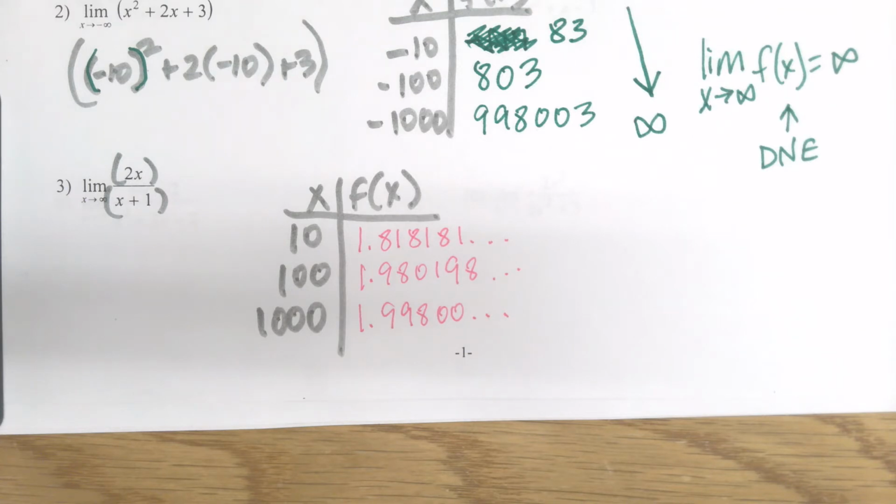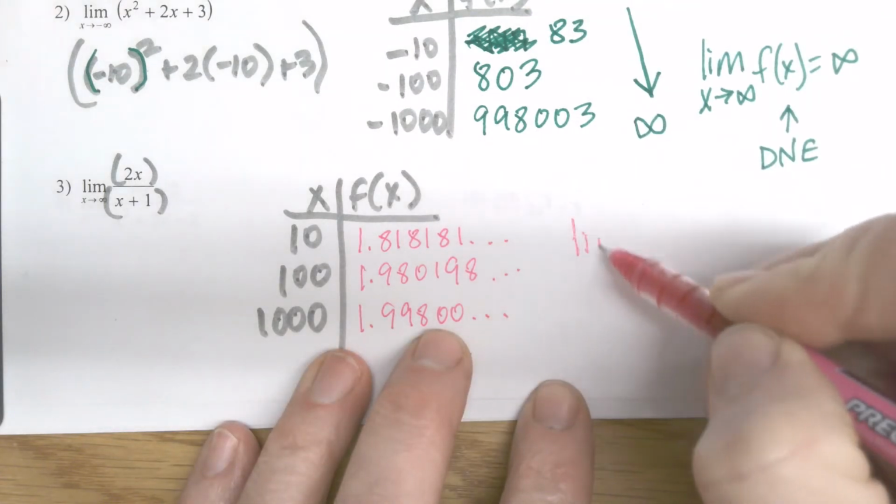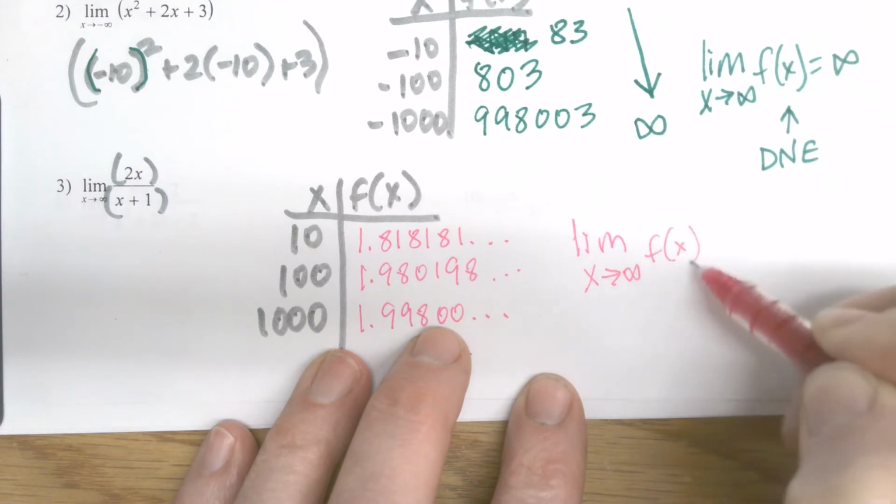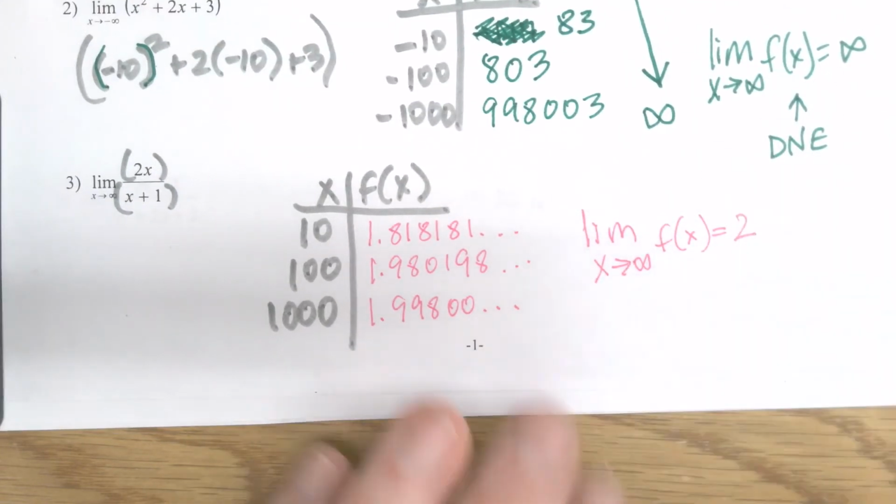I can use any numbers I want here that get bigger and bigger, but because I keep them very organized like this, 10, 100, 1,000, 10,000, 100,000, 1,000,000, I can see a really clear pattern, and it appears to me that it's going to be 1.999999999, or I could say the limit as x approaches infinity of this function is about 2.